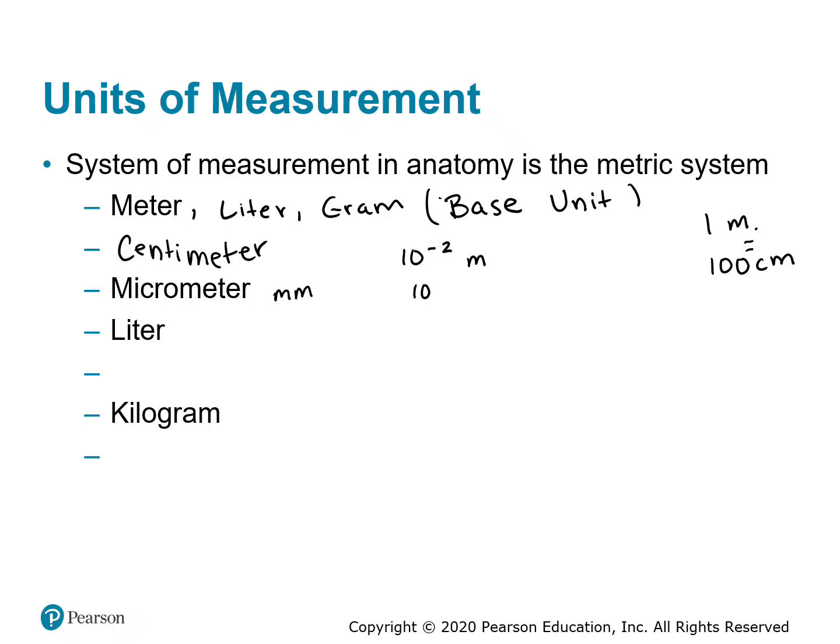A millimeter is 10 to the negative third of a meter. So 1,000 millimeters is equal to 1 meter. All of these are equivalent values. Don't worry, we're going to practice it a lot.